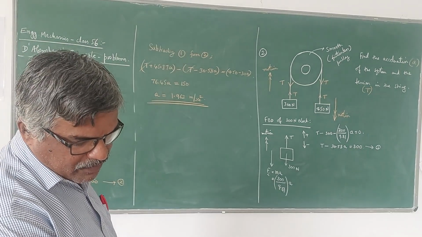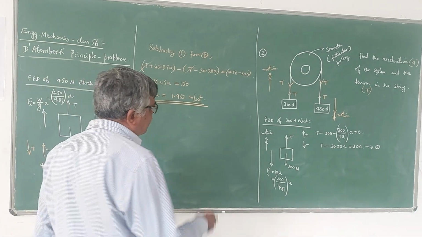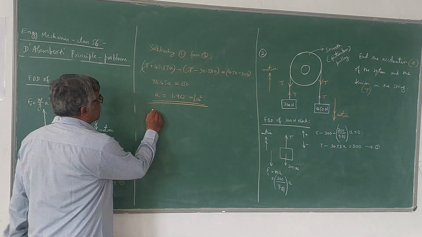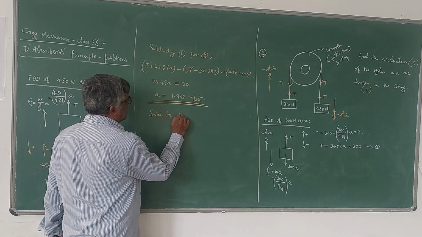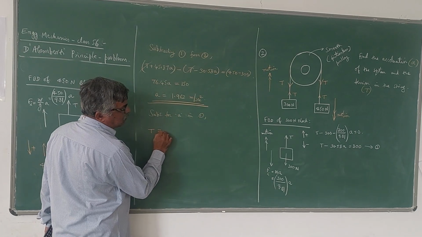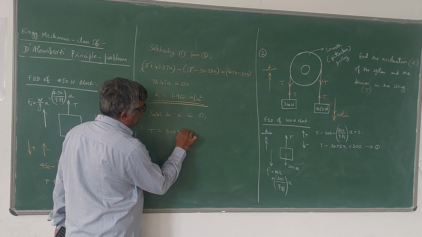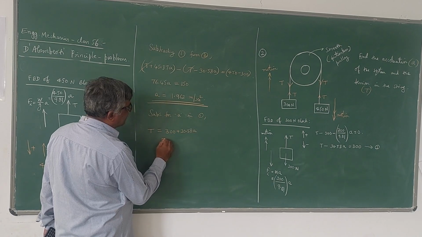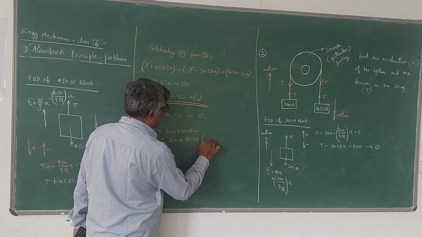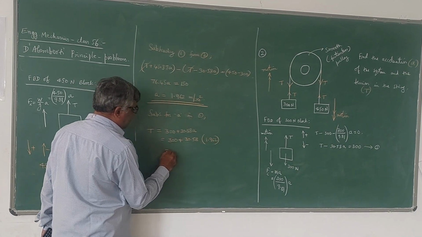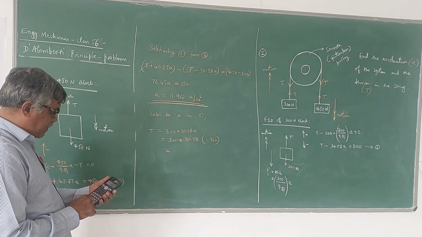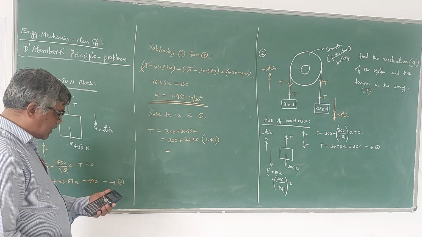Once you get the value of A, you can find the value of T by substituting in one of the equations, either 1 or 2. So substituting for the acceleration term in equation 1, we can get the value of T. T is equal to 300 plus 30.58 times A, which is 300 plus 30.58 into 1.962. Substituting for A, the answer we get is 30.58 plus 300, about 360.